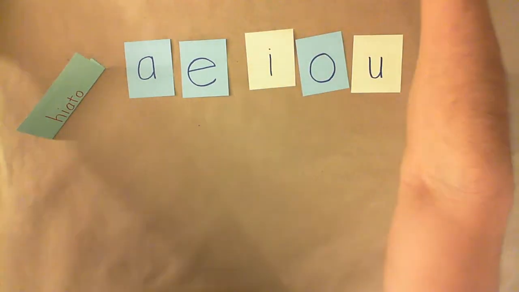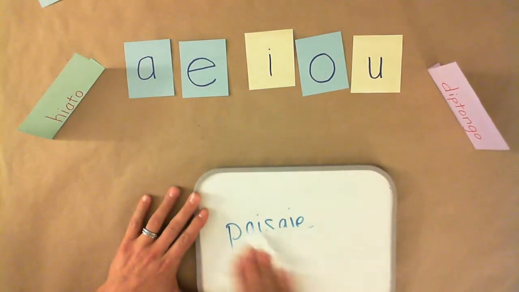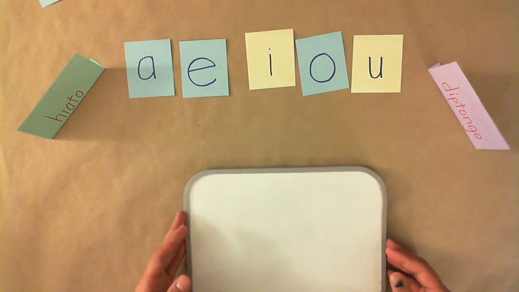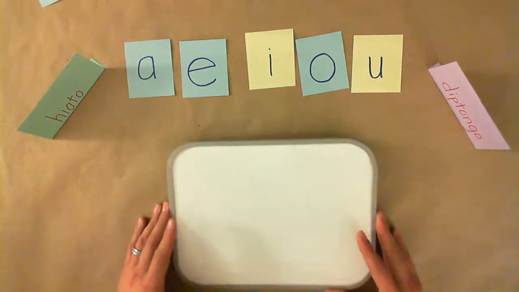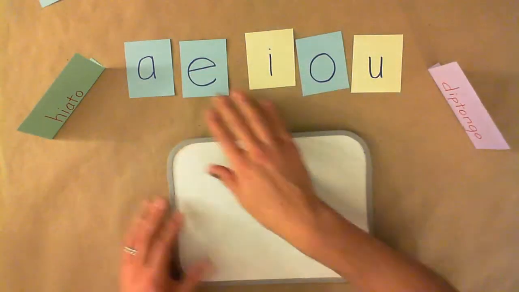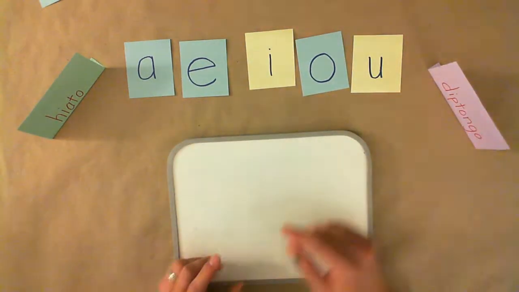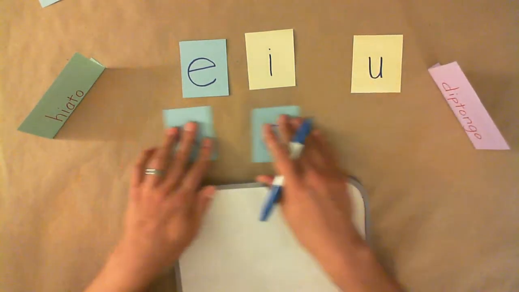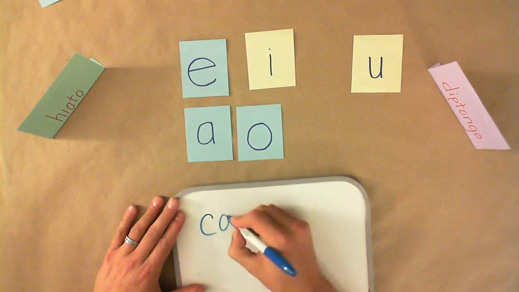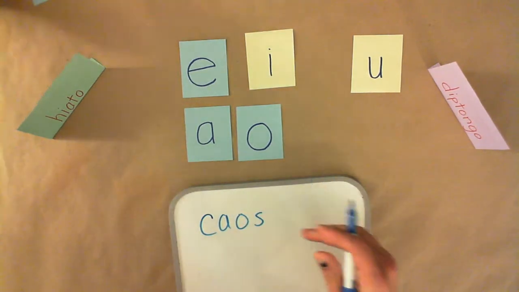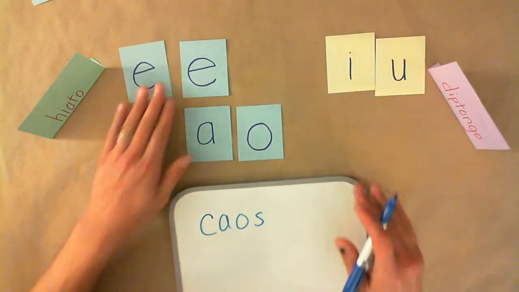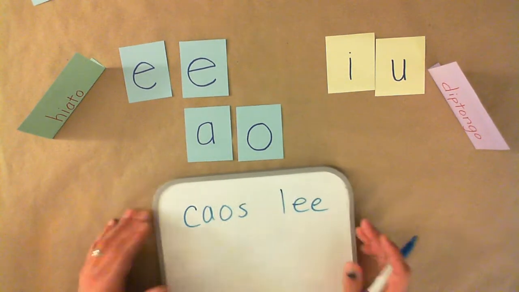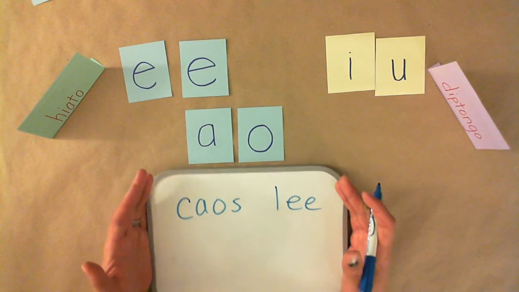Let's look at one more thing. Now, I'm not saying that words that have hiato never have an accent mark. That's not true. Now, there are words like chaos and le that don't have an accent mark because these follow the normal accent rules.